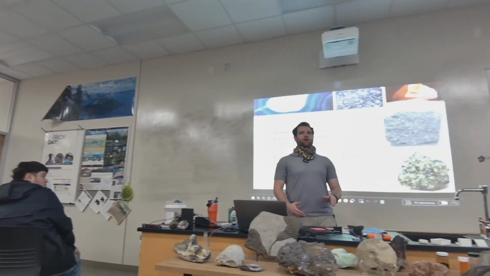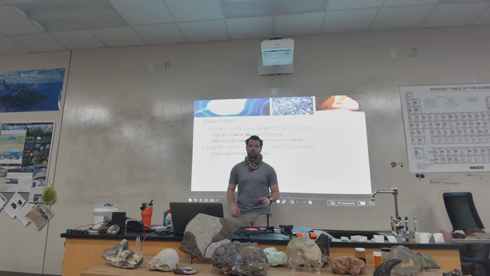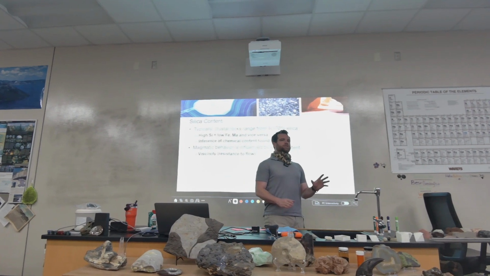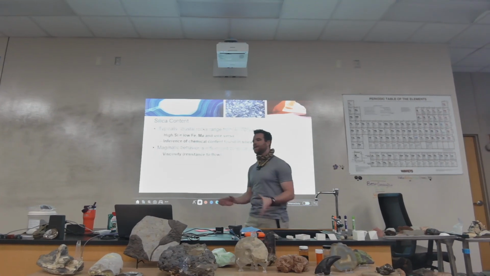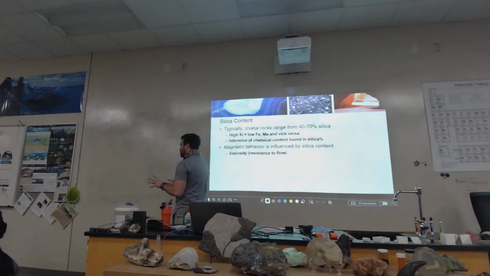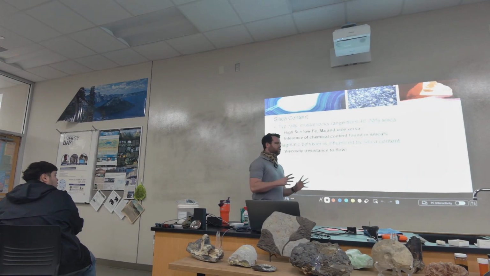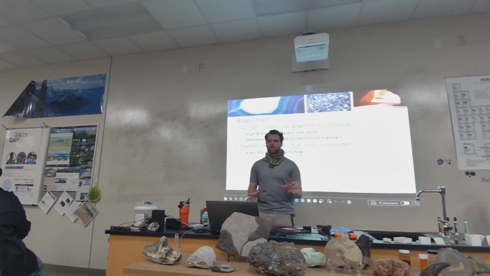So those are your compositions. We've got that inverse relationship, which I already told you about. If your rock is rich in silica, it's going to be low in iron and magnesium. If it is rich in iron and magnesium, it's going to be low in silica.